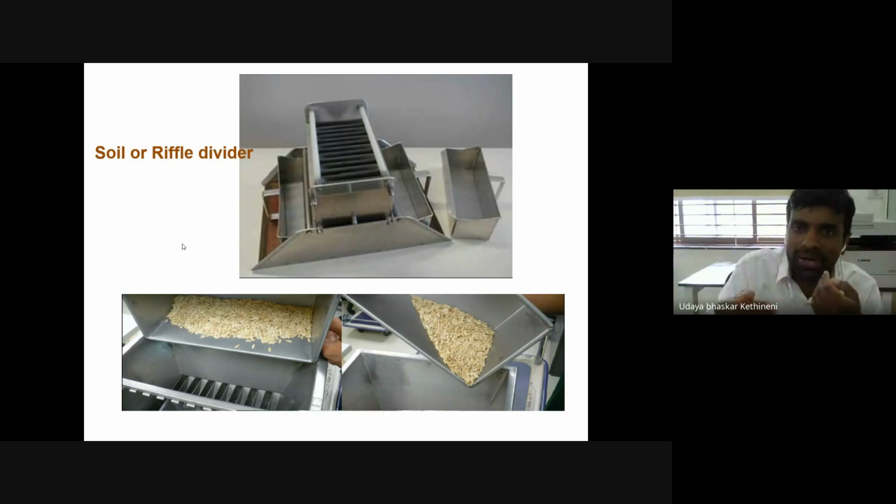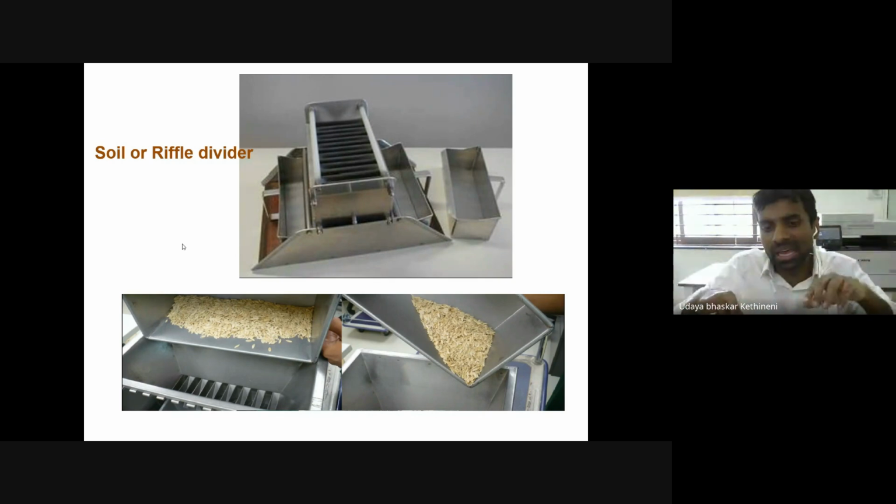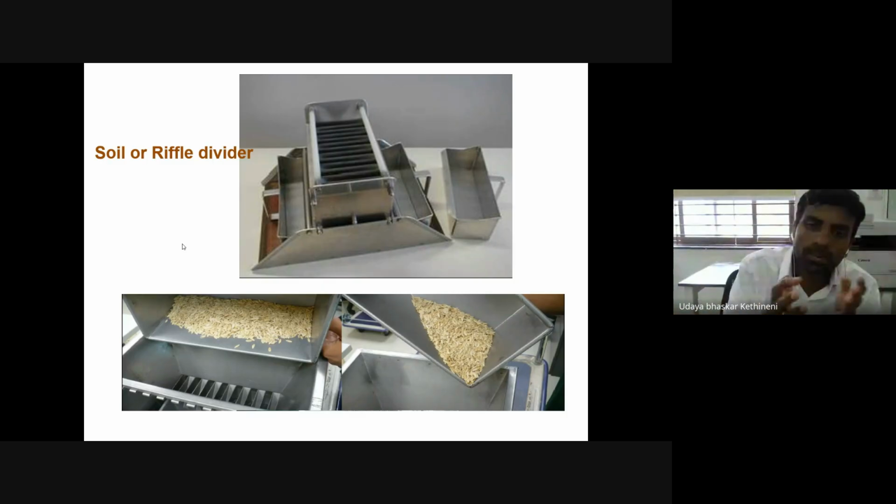But in these dividers, how many shoots, meaning how many appendages each divider has, to have a representative portion at both ends, that also will matter. It should have a minimum of 16 shoots. So the number of shoots has a huge bearing on which type of divider you have to use.